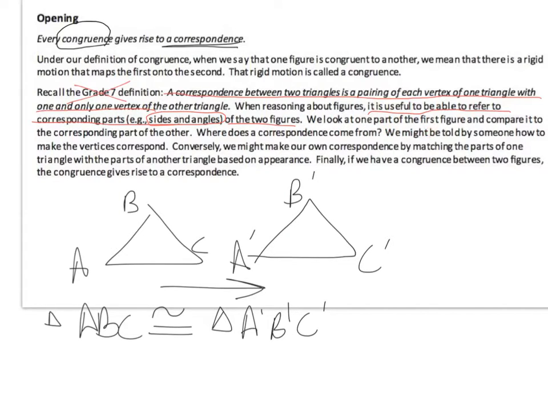We might be told by someone how to make the vertices correspond. Conversely, we might make our own correspondence by matching the parts of one triangle with the parts of another triangle based on appearance. Finally, if we have a congruence between two figures, the congruence gives rise to a correspondence.